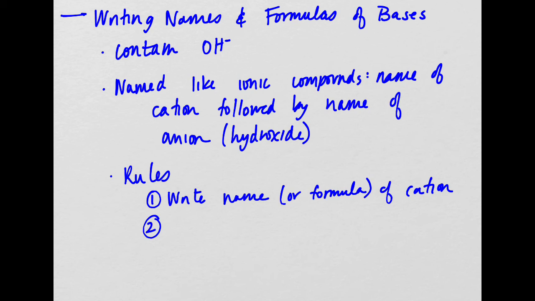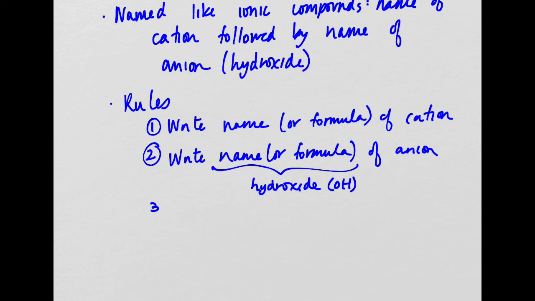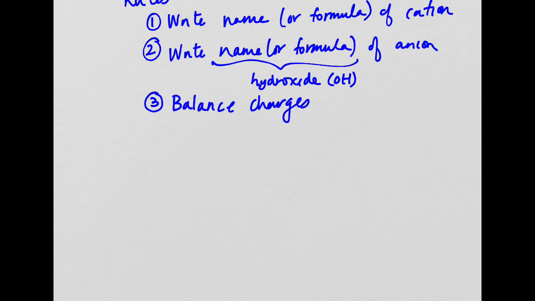Then you're going to write the name or formula for the anion, which is always hydroxide for bases. And finally, if we're doing formulas, we're going to balance the charges with subscripts, which I'll explain further in a second, but you already kind of know what that means. Balance charges.